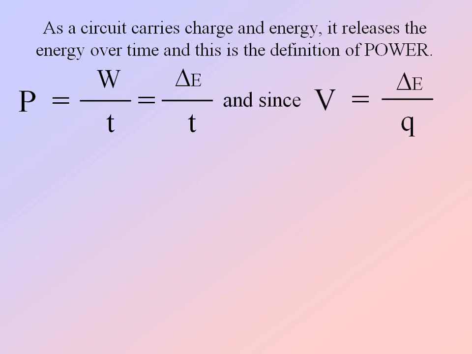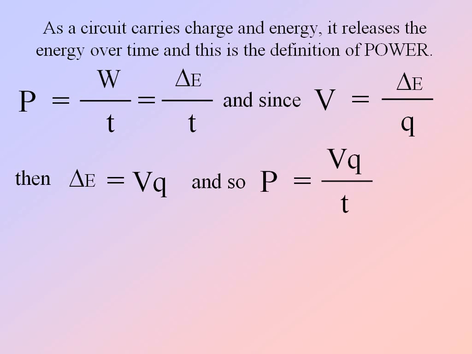Since potential difference is equal to a change in energy over Q, we can show by substitution, first of all, that the change in energy is equal to voltage times charge. And so, substituting for power is equal to change in energy over time, we put power is equal to voltage times charge over time.